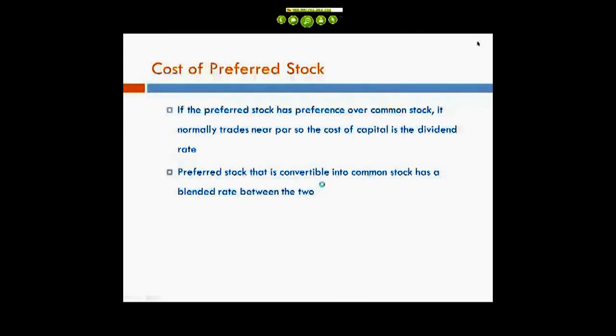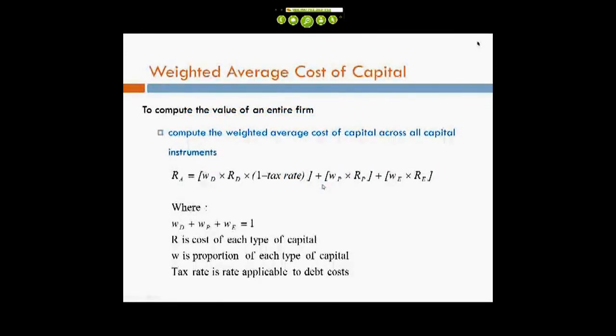This brings us to the weighted average cost of capital. Weighted average just means you factor in how much of each type of capital your company has, and you weight it. So you figured out your cost of debt, your cost of preferred stock, and your cost of equity, and your weighted average cost of capital has a weighting factor times the rate for your debt, plus a weighting factor times the rate for your preferred stock, plus a weighting factor times the rate for your equity discount rate.